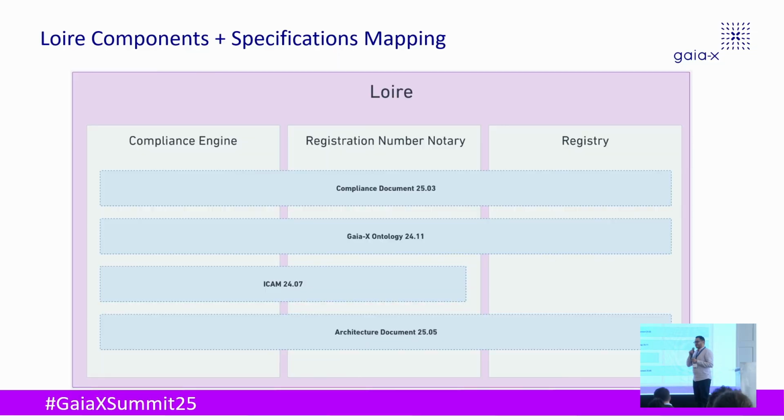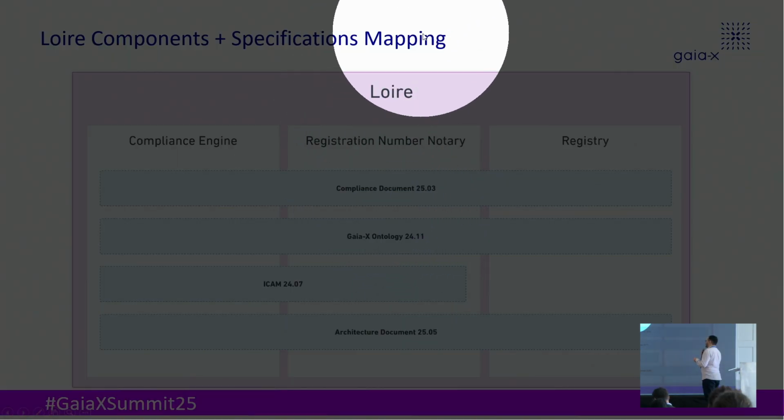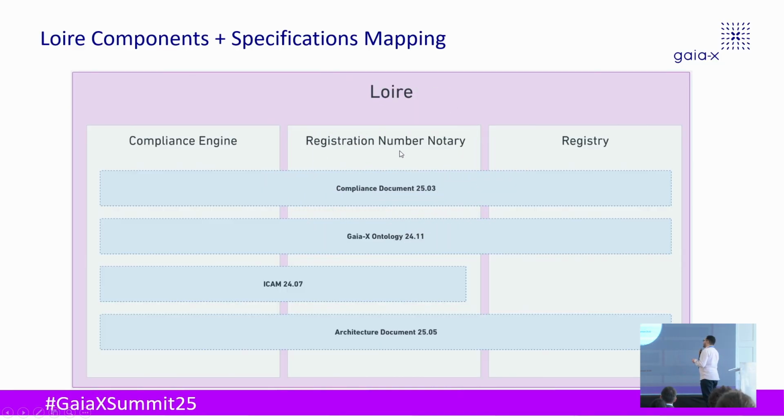That's another notary, not to be confused with the registration notary. This one is used for the legal entity identifier, while the one from yesterday is used for certifications such as Second Cloud, C5, or ISO, and so on. And again, it's really the same mapping here with the compliance document on all the components, and the ICAM and architecture documents, just the next versions of them.